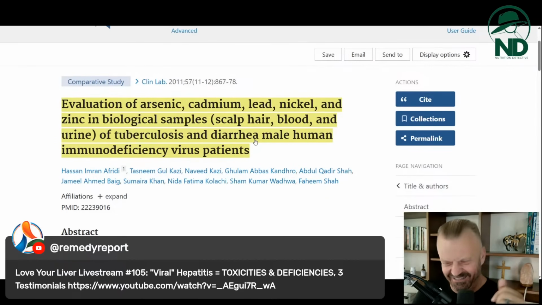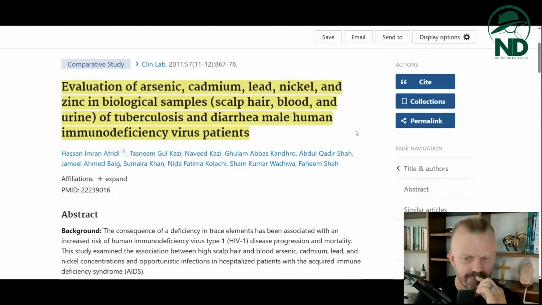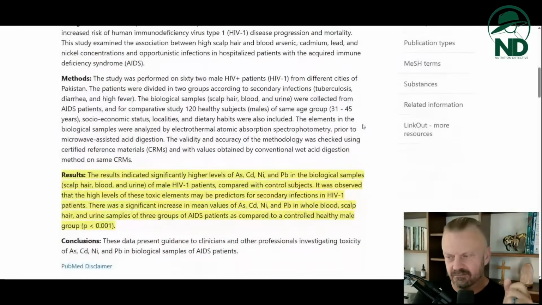Is that a type of male? A diarrhea male? And diarrhea male human immunodeficiency virus patients. Hopefully you figured out that this is a made-up condition, mostly through people who are poisoning themselves with recreational drugs, poppers and crack and other things of that nature.